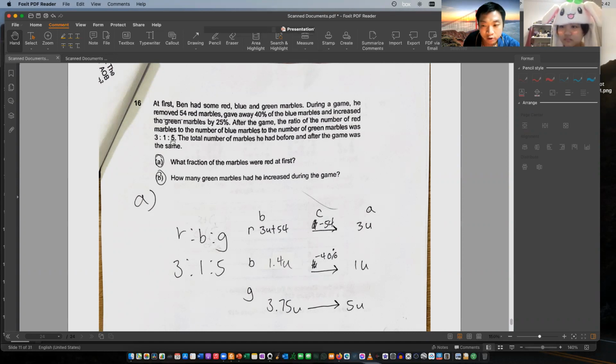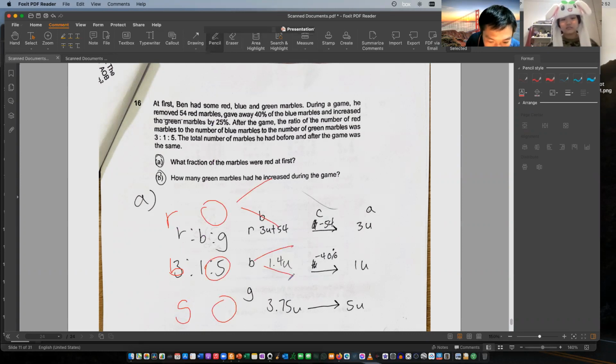That means this question is such that you need to start from the back. What we talk about always is we start from R, B, G and then branch out, right? Yeah, you know how to do it, which is good.